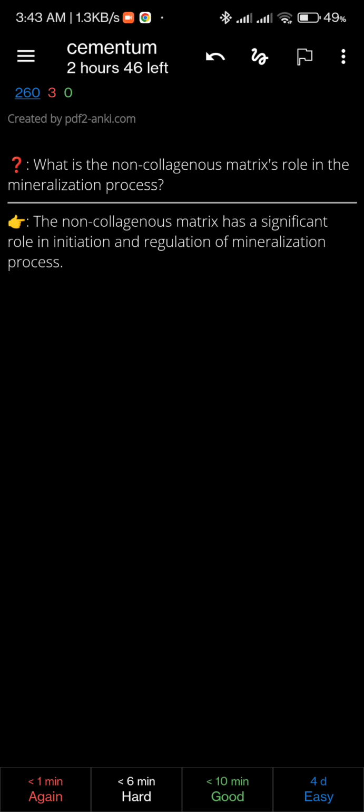The non-collagenous matrix has a significant role in the initiation and regulation of the mineralization process.